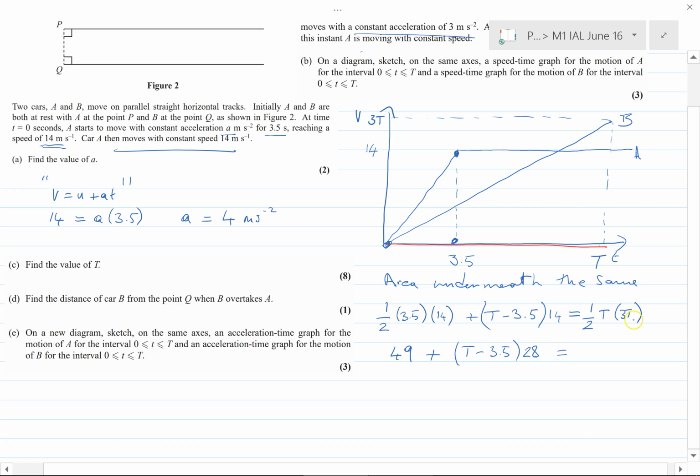And multiplying the other side by 2 gives 3t squared. Rearranging, we get 3t squared, then the term in t is minus 28t, and then 49 minus 3.5 times 28, which is 98, gives minus 49, and bringing it to the other side is plus 49.